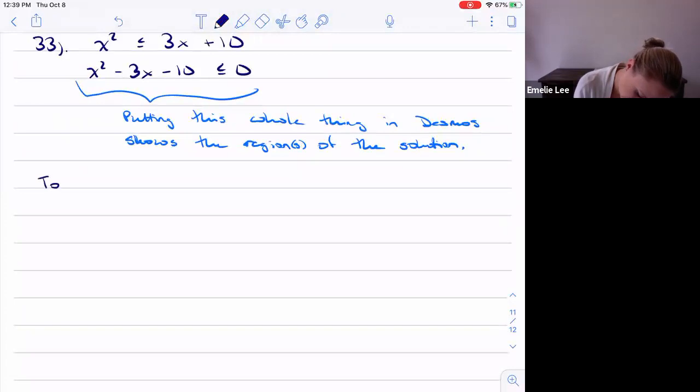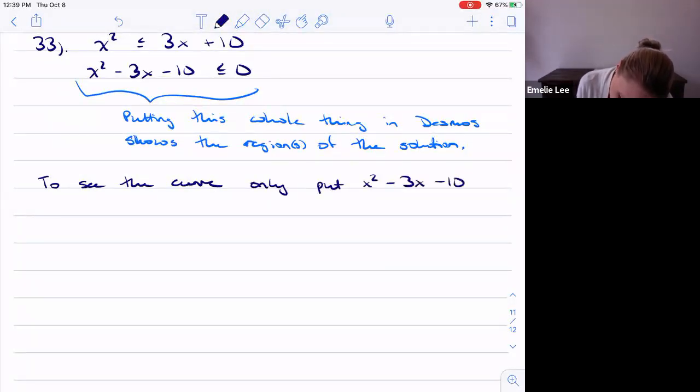To see the line or to see the curve, because it's x to the power of 2, so I know it's going to have some sort of squiggle. To see the curve, only put x squared minus 3x minus 10 into Desmos. Okay. So let's see what those look like.